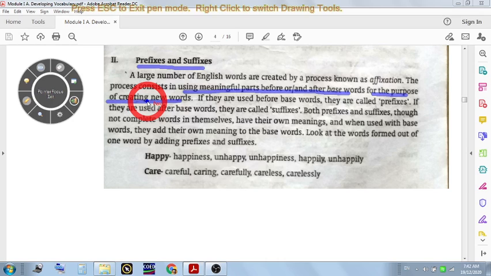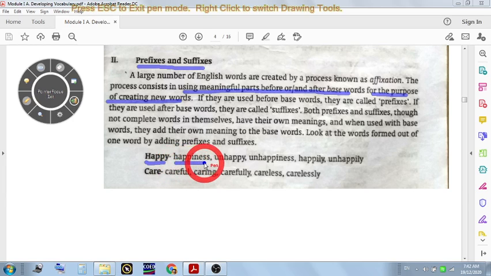The process of prefixes and suffixes together is called affixation. So affixation is one way of developing your vocabulary. Let's take an example. This is the word happy. It is the base word, and look how the prefixes and suffixes have changed the meaning of that word.